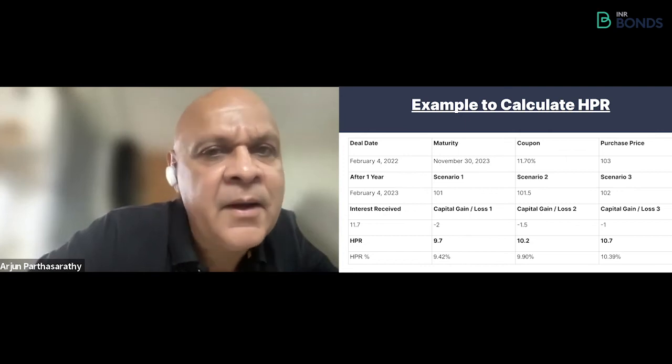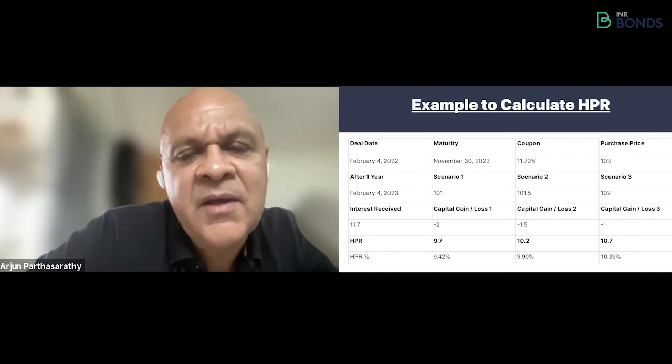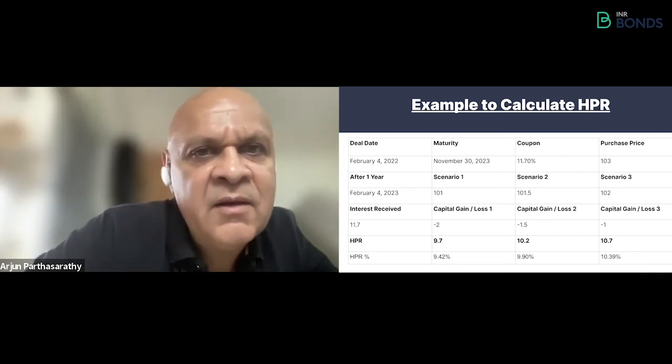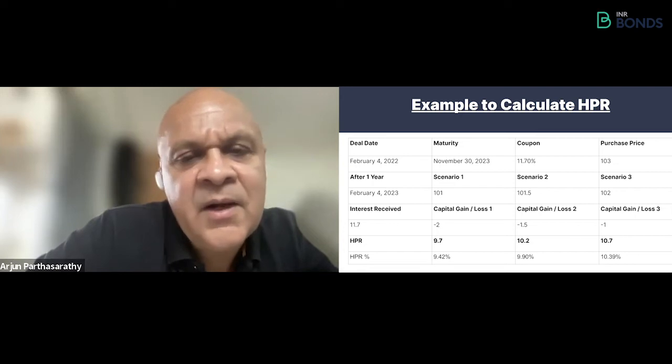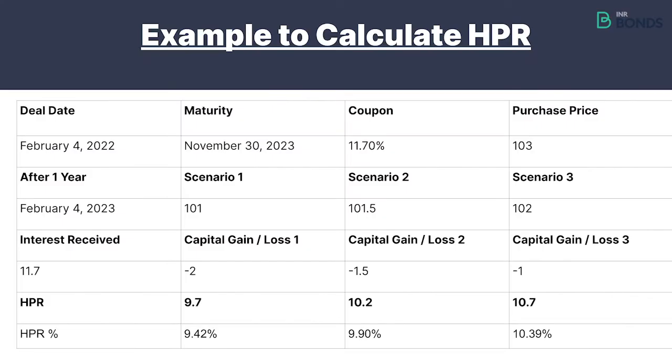If you take out transaction costs and any other costs, then it may be slightly lesser. Similarly, if the investor sells at a price of 101.50, then you deduct the loss of 1 rupee 50 paisa, from the purchase price of 103 to the sale price of 101.50, from 11.7 rupees.